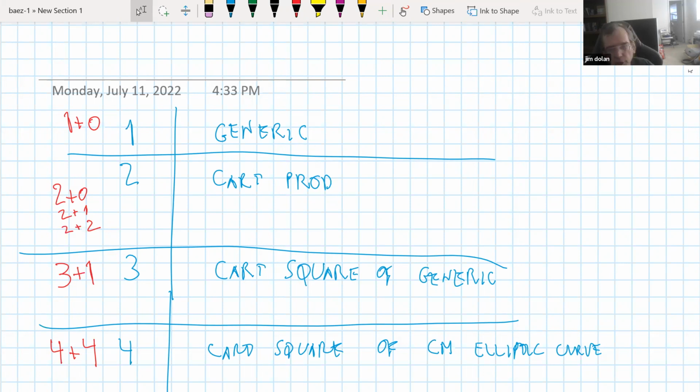There is some funny thing about how the complex multiplication does affect the symmetry group via this backdoor route involving the square of the elliptic curve or something like that, even though it doesn't affect the size of the symmetry group when you just have the Cartesian product. It's very disorganized. Let me try to think here for a minute. You can throw anything that you want to throw in as well.